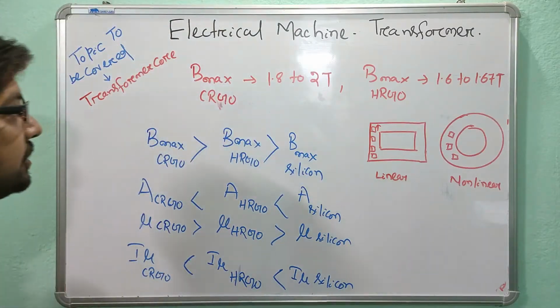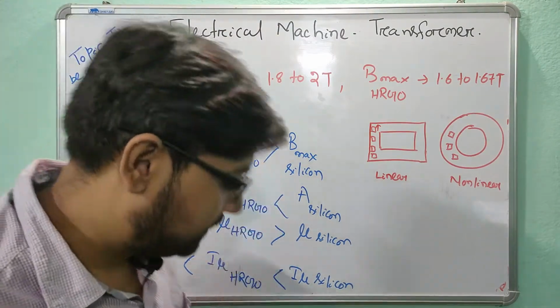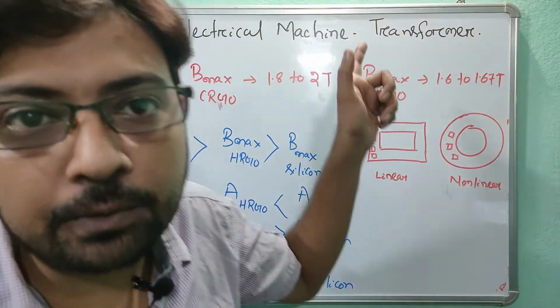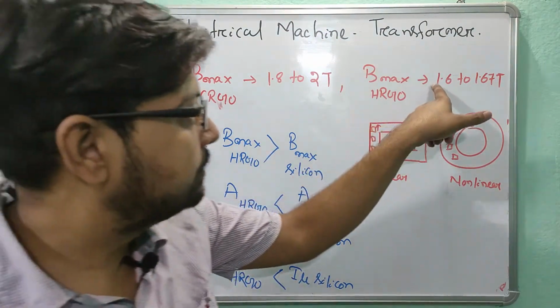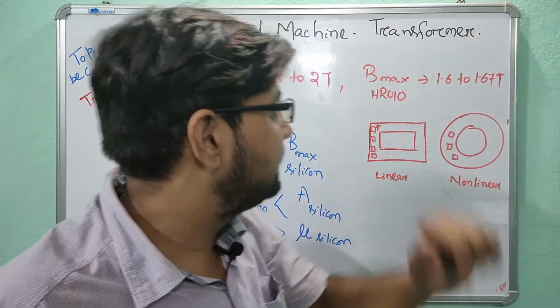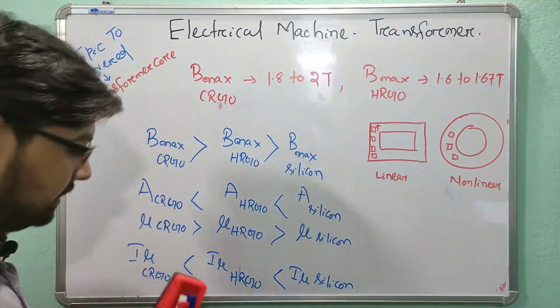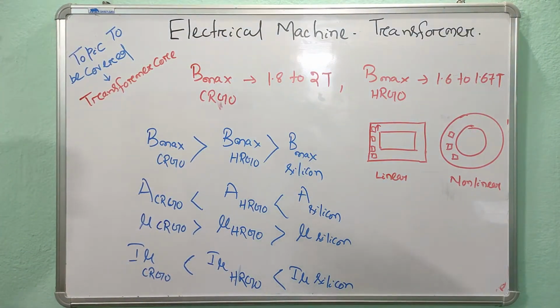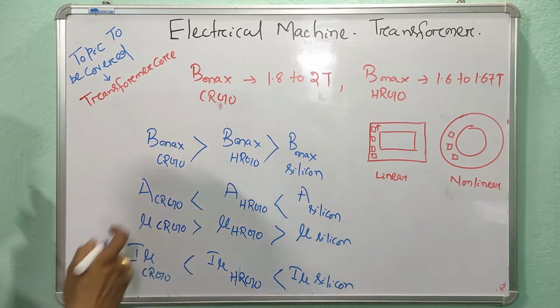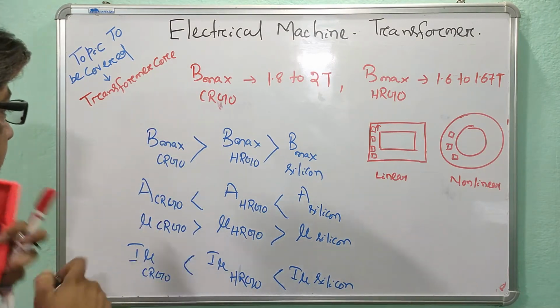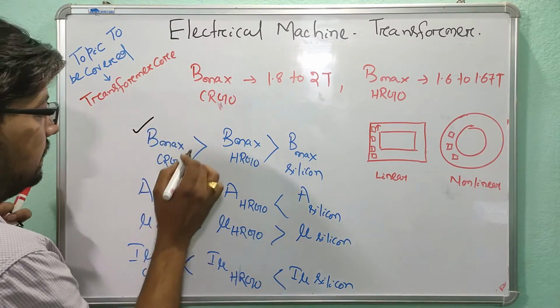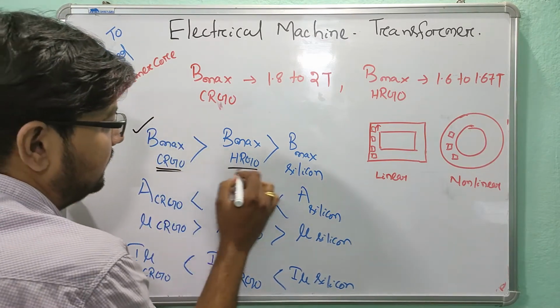Now for CRGO steel, the Bmax value is 1.8 to 2 T, but the Bmax value of HRGO steel is 1.6 to 1.67 T. So the conclusion we draw is that Bmax is greater for CRGO, then HRGO, then silicon.